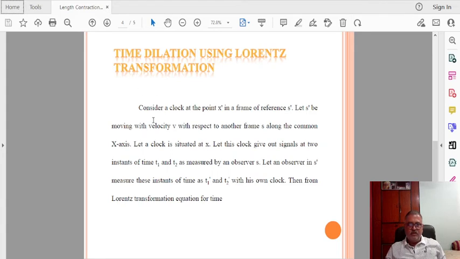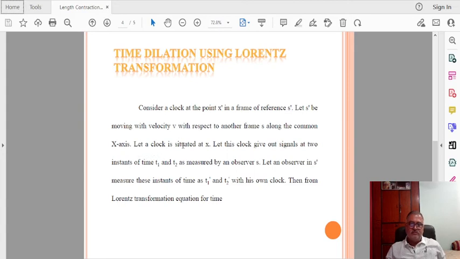Let a frame S prime move with velocity v with respect to another frame S along the common x-axis.